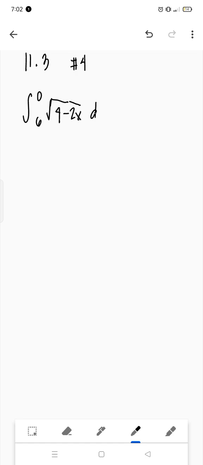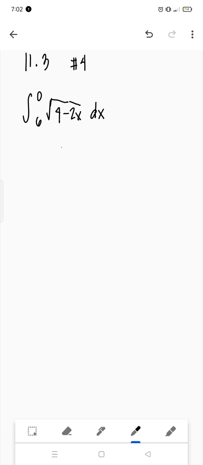So first let us solve exercise 11.3, number 4, which is the integral from 0 to 6 of the square root of 4 minus 2x, dx.